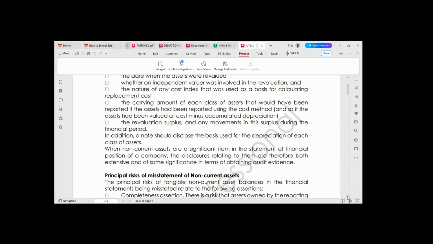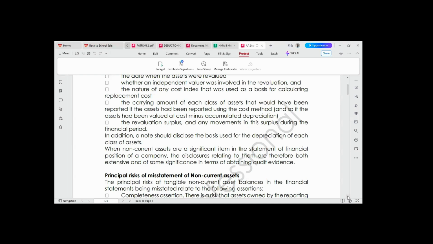When the management presents the financial statement and says that it does not contain any material misstatement, the auditor will ask them how, and they will point out all those assertions, which the auditor will later test in the course of reviewing the balances that relate to the non-current assets.